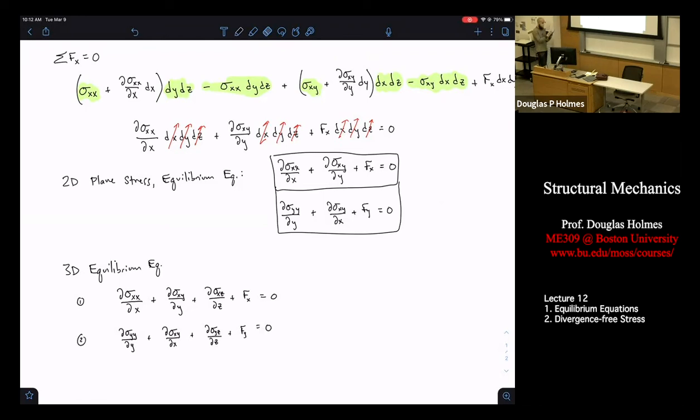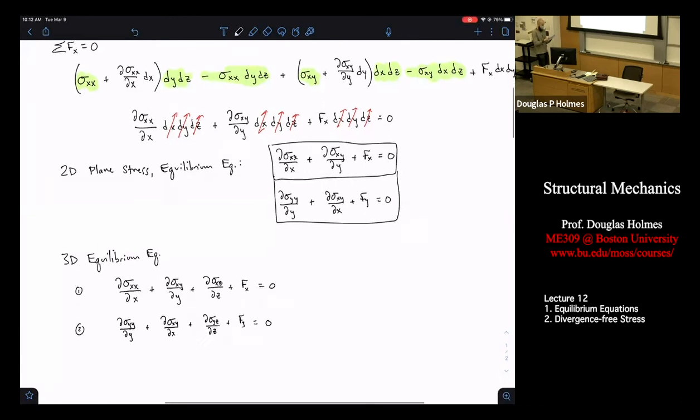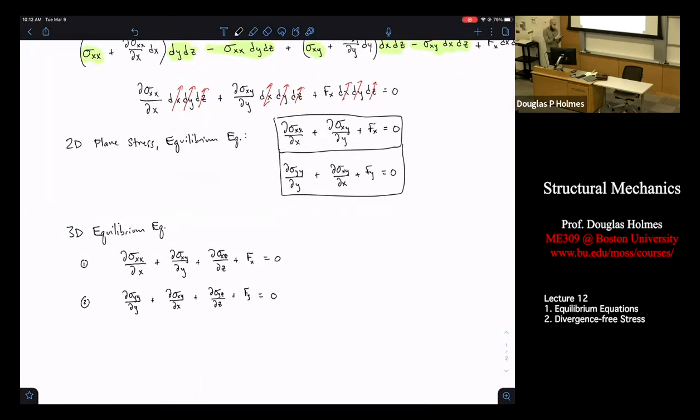What happened to my equal sign there? And you could probably guess the third one. We're following a pretty clear pattern here. Take the normal stress divided by the direction that the normal stress is acting in, and add to it the shear stresses.